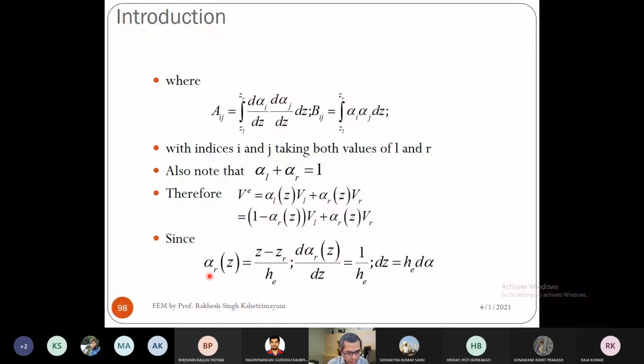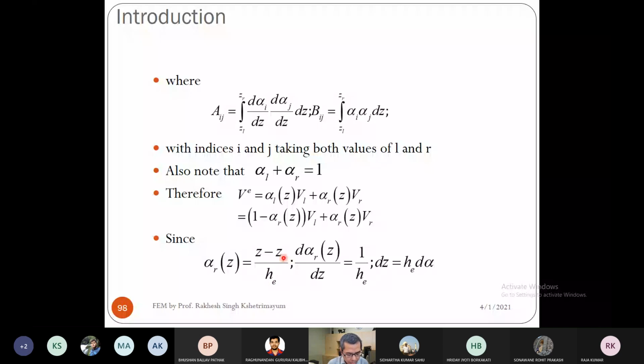For example, if I want to find the derivative, alpha R is a line with a positive slope, z minus zL divided by the line segment length, which is lc. lc is the total length of the solution, L, divided by the total number of subsections. So that is what we have denoted by lc. This is your step size. Alpha R is z minus zL by lc.